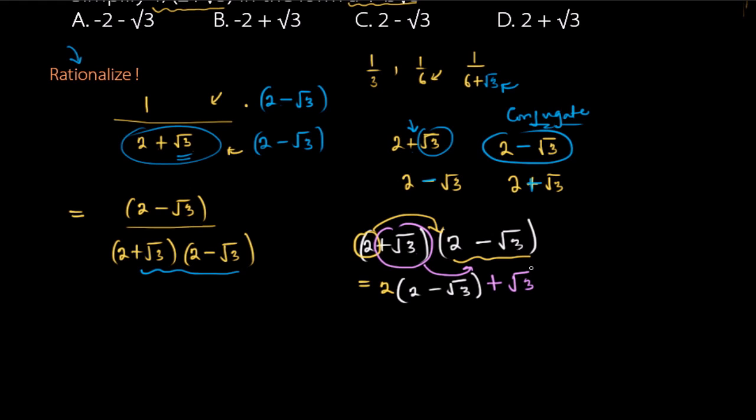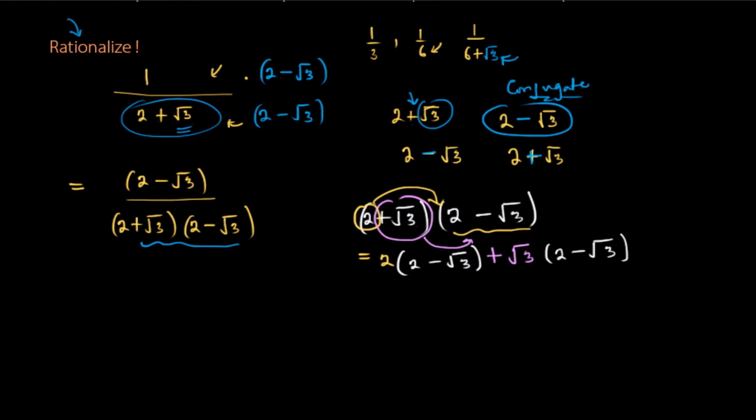Let's continue carrying out the operation. 2 times 2 is 4, minus 2 times the square root of 3, which gives you 2 root 3.